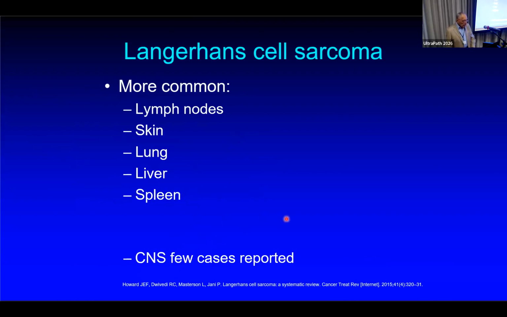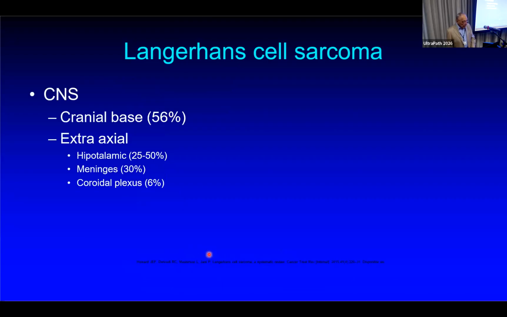It's more common in several other organs, but few in the nervous system, and especially very few cases in the meninges. And in the meninges, Rosai-Dorfman disease is more prevalent than Langerhans cells. It almost always affects the brain.